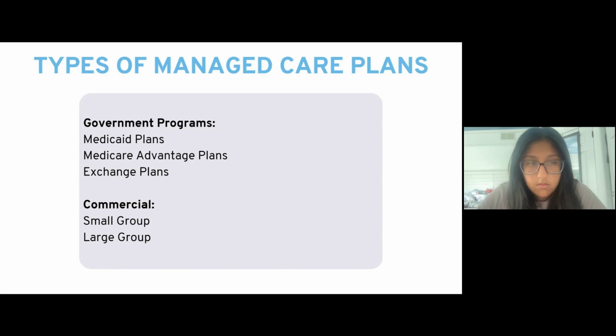group plans. So a typical example, I'm sure a lot of the folks on this call are probably getting their insurance through their parents, and their parents are probably working for a large corporation in the United States that provides health insurance benefits. So you would fall under what's called the commercial line of business. But there is a significant number of people in the United States who don't have insurance through their employers.